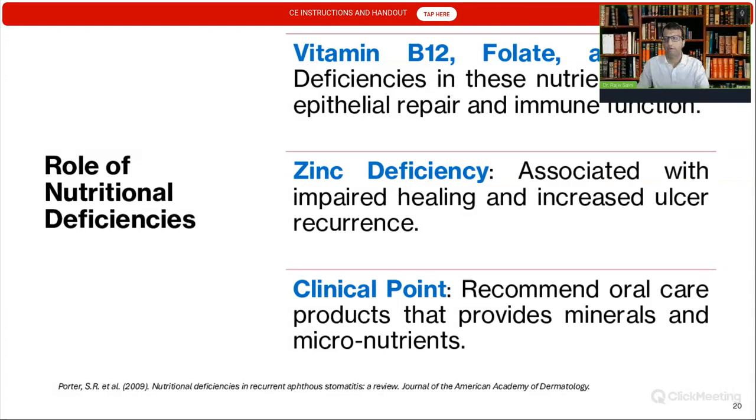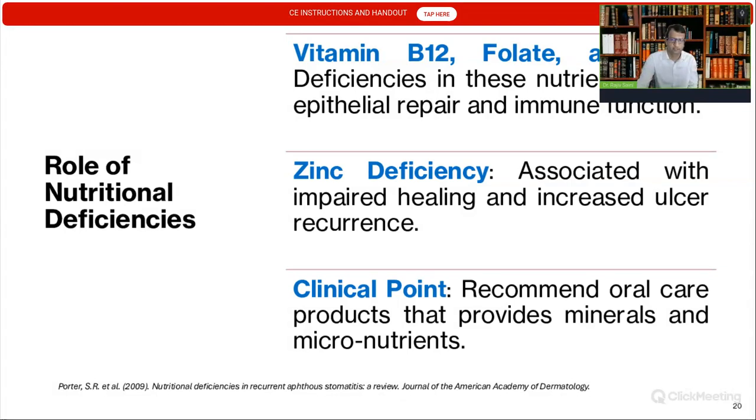Iron deficiency particularly causes a decreased capacity of the blood to transport oxygen to the oral mucosa, resulting in epithelial atrophy. And this condition is highly susceptible to developing recurrent aphthous stomatitis. That's very important, and that's why it's very important to understand the nutritional status of the patient.